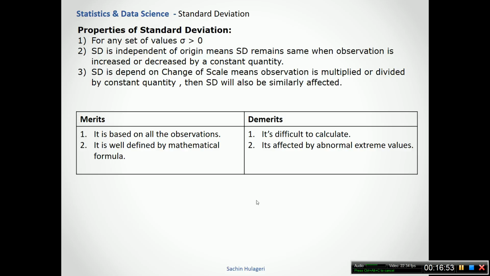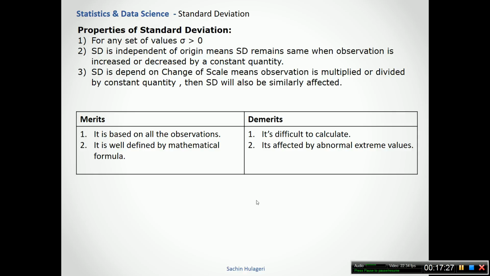It will not change, because there also we take the differences from the central value, the mean, so that will not change. Standard deviation depends on the change of scale. When the observations are multiplied or divided by a constant quantity, the standard deviation will be similarly affected.